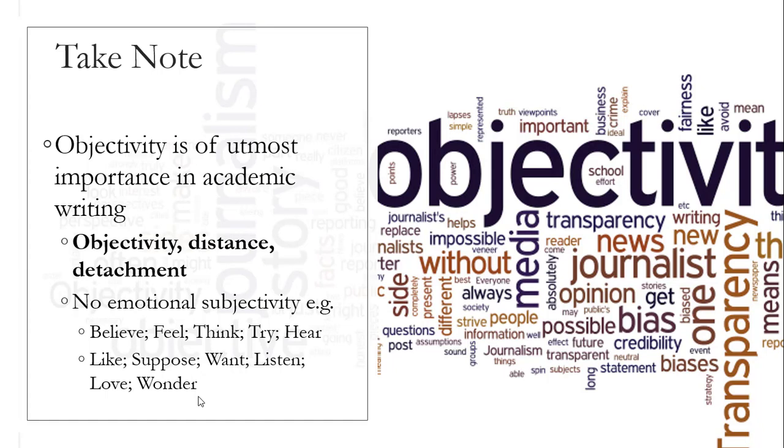That is why at times people say academic writing is boring, which I don't believe. But one thing that may make it look boring is the objectivity and the detachment that you must show in the write-up. So remember, you are not going to be writing in a very subjective way, using all these kinds of believe, feel, think. We don't use those kinds of words.